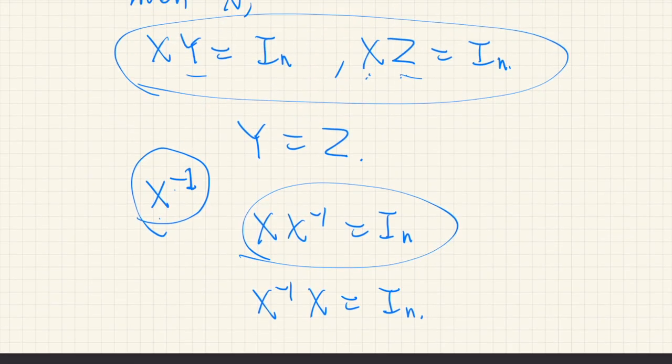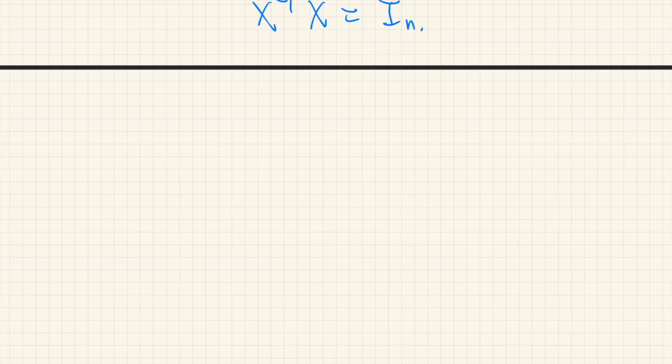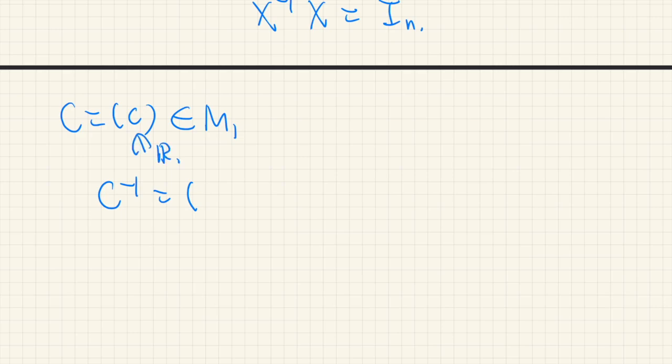Let's see simple examples. Consider a 1 by 1 matrix. This is very simple. So what's its inverse? Let's call the matrix C, where C is a real number. What's C inverse? If it exists, then it should be 1 over C, right?